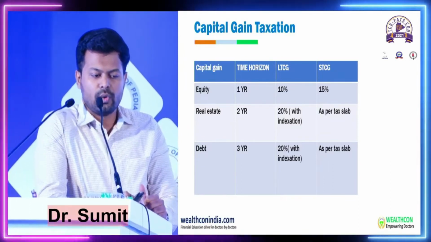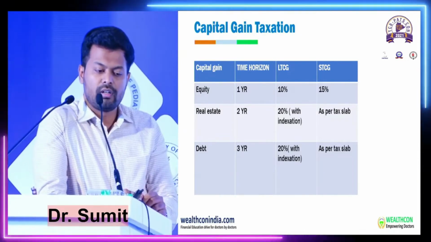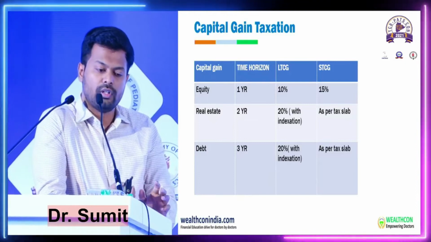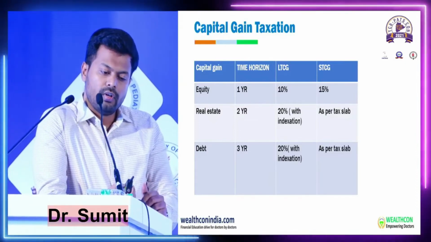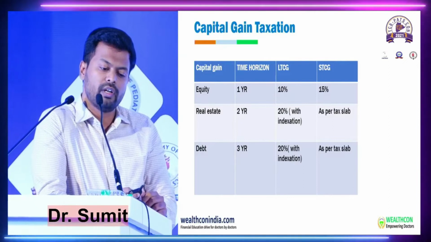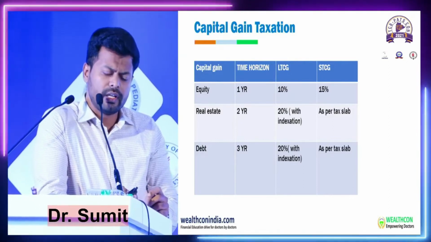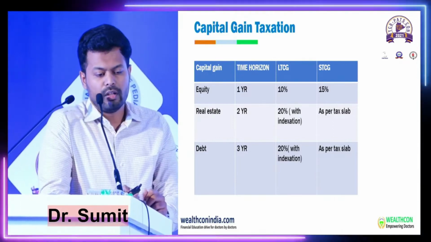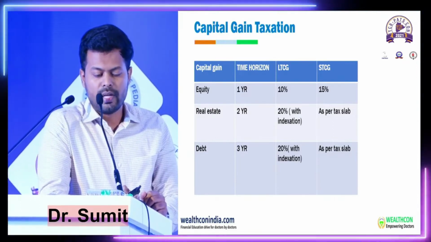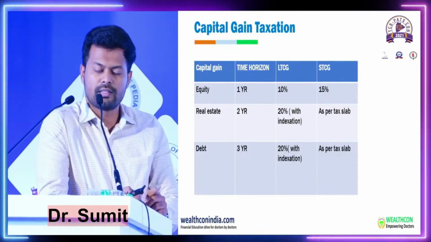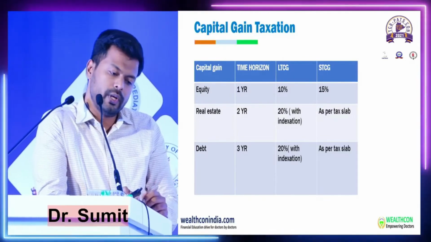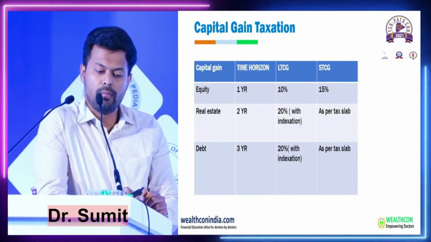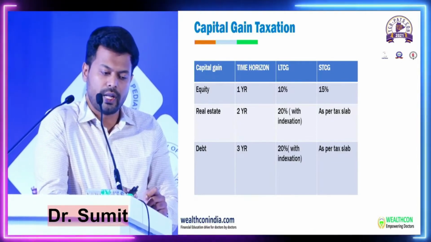For equity products sold after 1 year, the tax will be 10%, while for short-term capital gain, sold before 1 year, it is 15%. For real estate, the time horizon is 2 years. The long-term capital gain earned by selling real estate is taxed at 20% after indexation, and for short-term capital gain, it will be as per the tax slab.